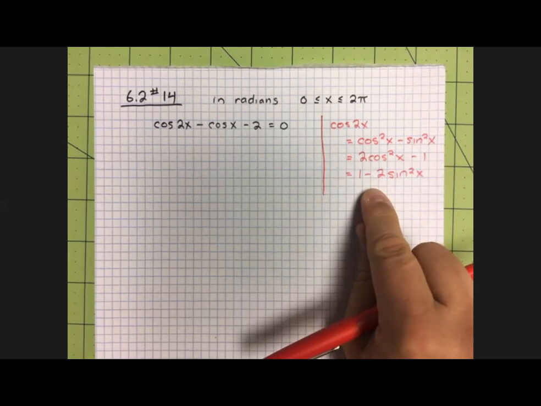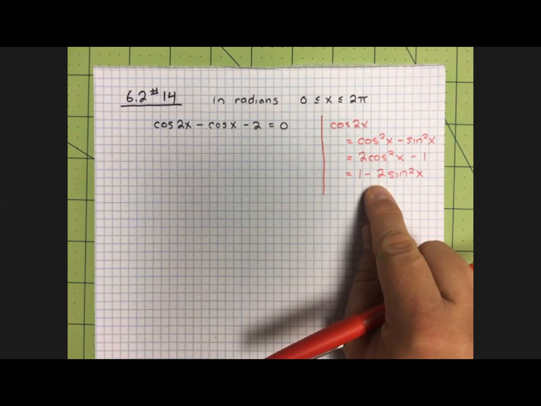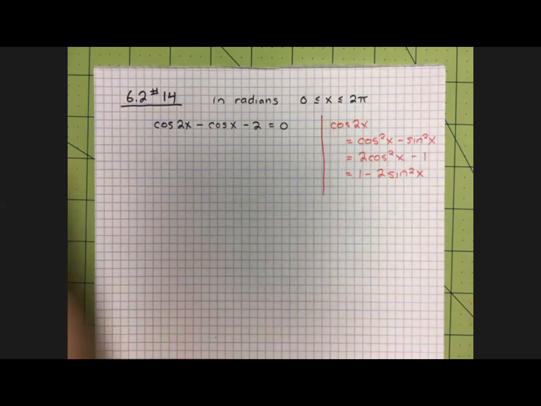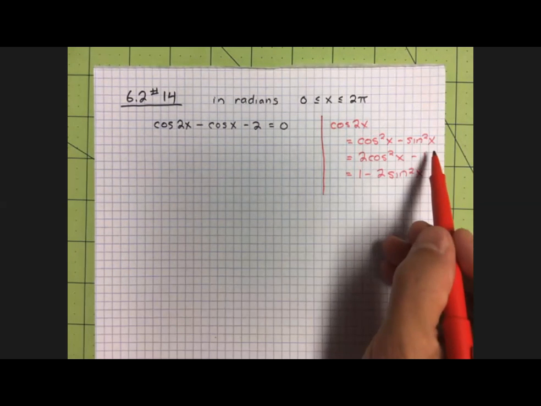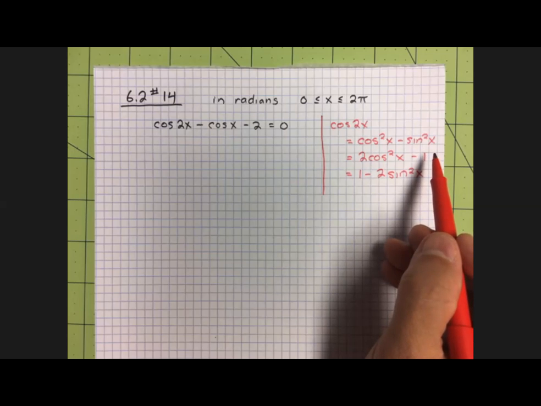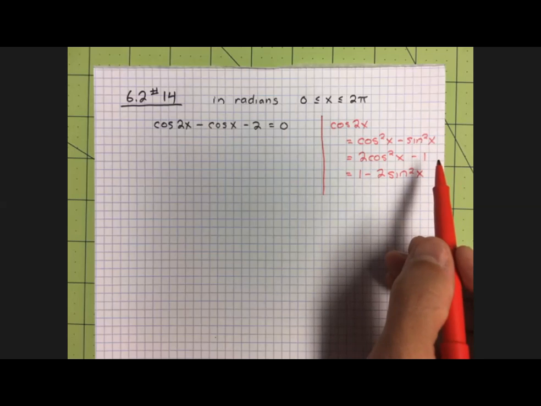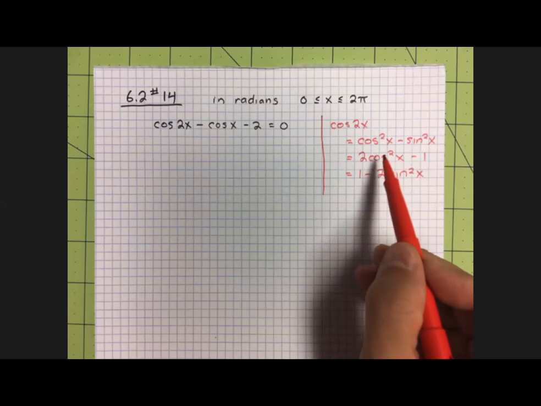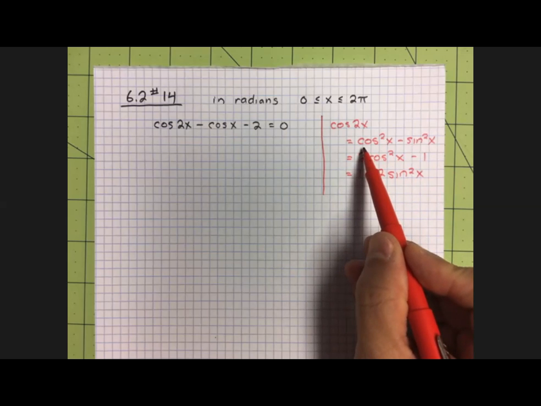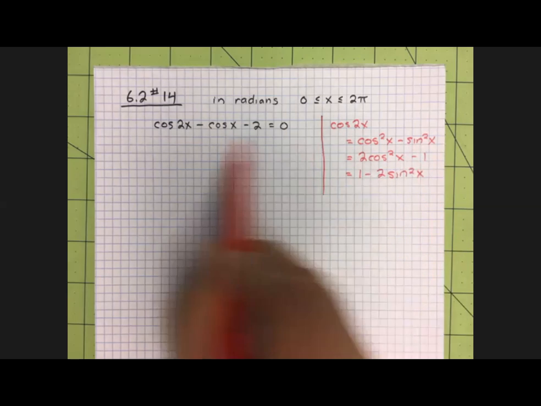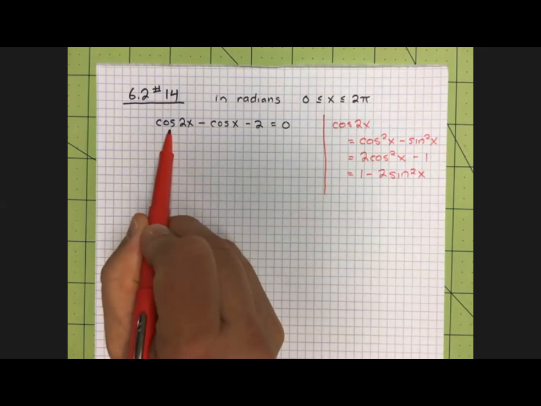So these are the 3 identities for cosine 2x. And as I recall these right here, 2 of them I would just immediately reject. 2 of these formulas are non-starters because they're not going to help me make this problem simpler. This first expression, cosine squared x minus sine squared x, it's true, and I can write it here.